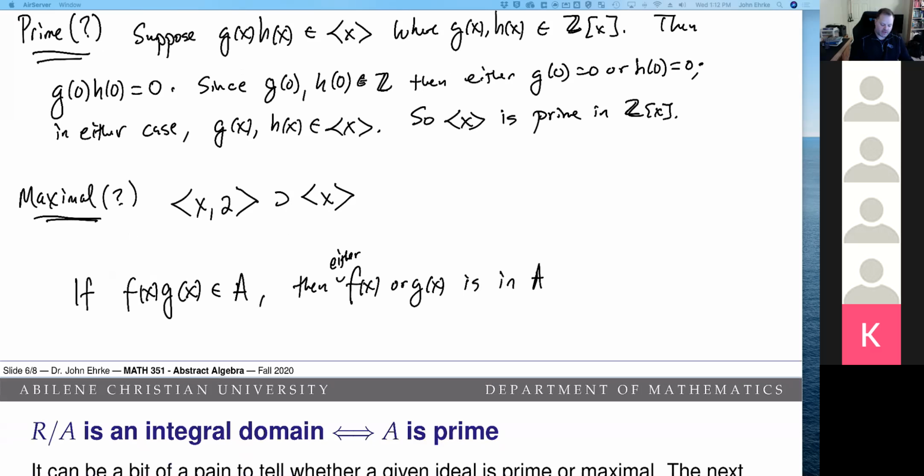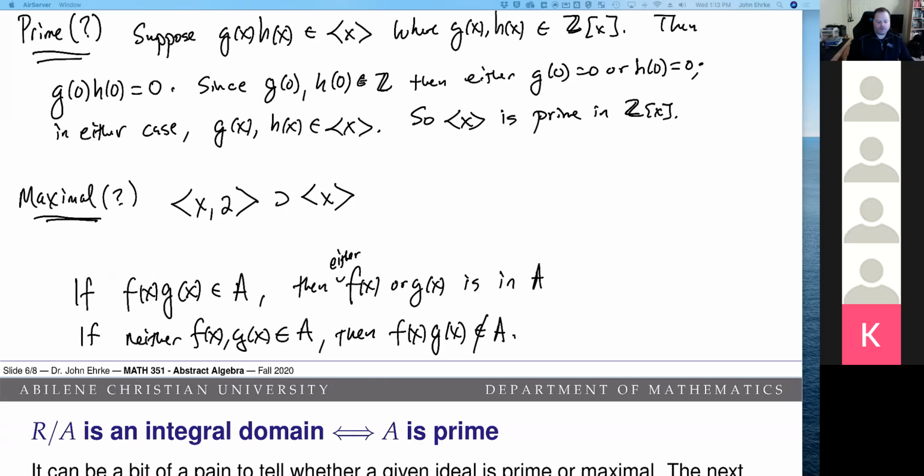The contrapositive of that statement is: if neither f(x) nor g(x) is in A, meaning they're outside the ideal, then f(x)g(x) is not in A. So you can also prove primality by showing that a product of any two things outside the ideal never winds up in the ideal. That would work just fine.